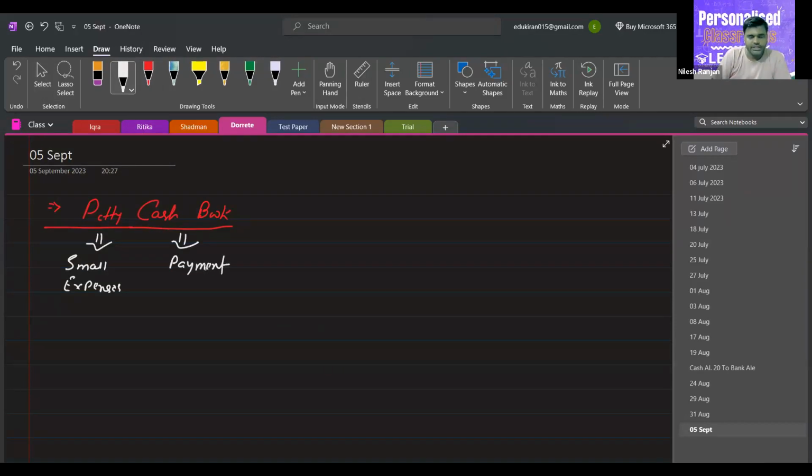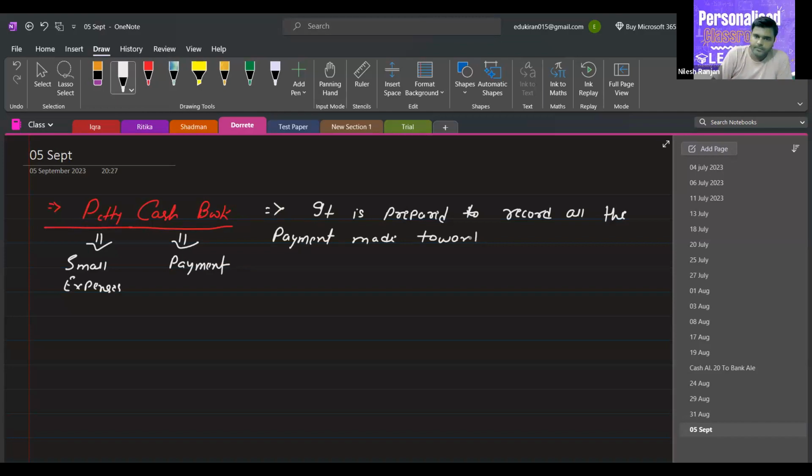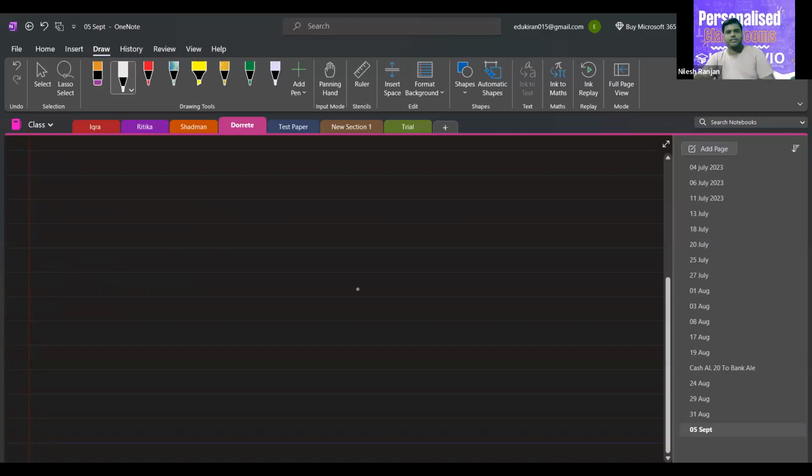So petty cash book is prepared to record all the payments made towards small expenses. Okay. Now let's understand this thing.